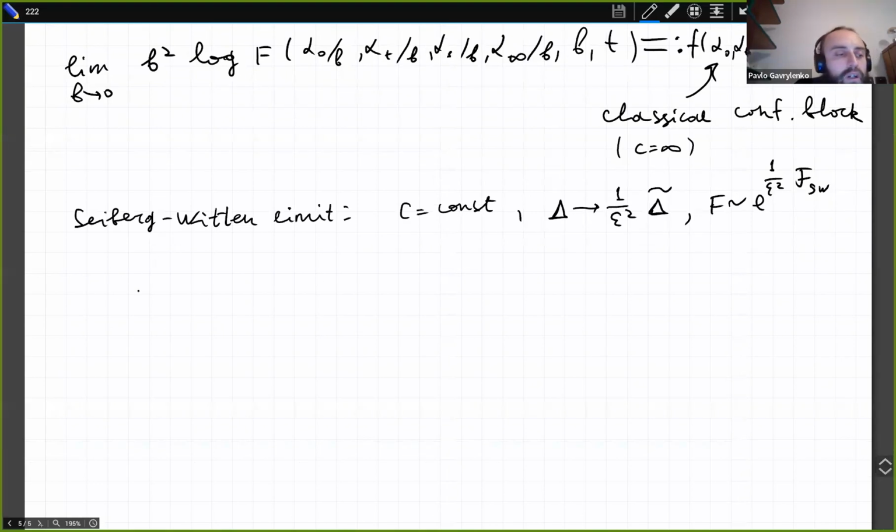So now we can introduce a parameterization in which we can take both of these limits.